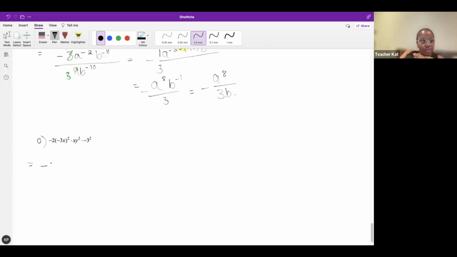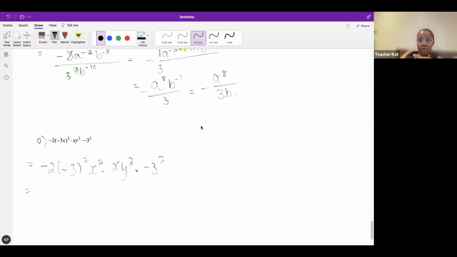What is negative 2? This will be negative 3 squared and x squared, right? Times xy squared times a negative 3 squared. Let's start with my exponents. What's negative 3 squared here?